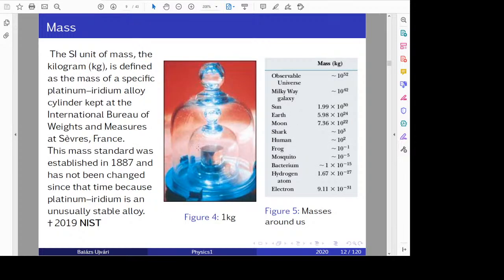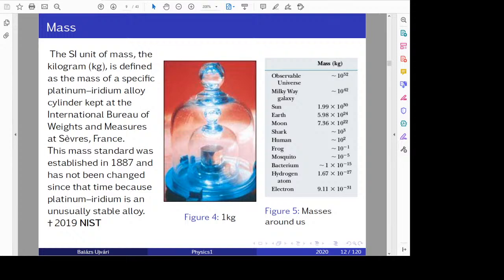What about mass? At that time they also used this platinum iridium metal because that was stable enough. Perhaps you can imagine if you don't use a stable material to represent the mass, for example, you can start with a piece of aluminum.